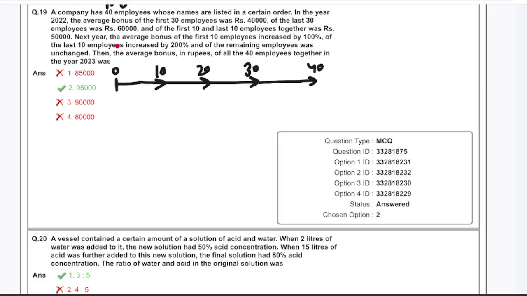As per the first line, for the 30 employees the average bonus is 40,000. Now we know the sum will be the average into the number. So we have 30 multiplied by 40,000. Let's write it as 40k. That is 1200k.